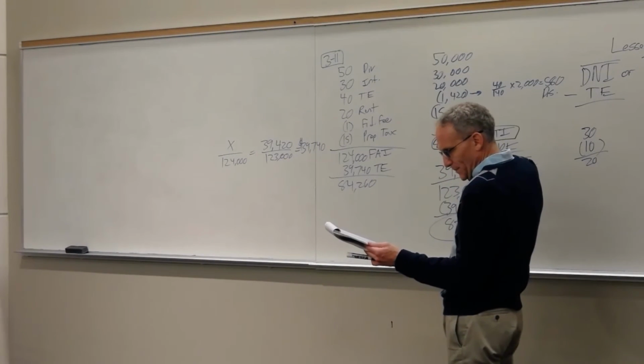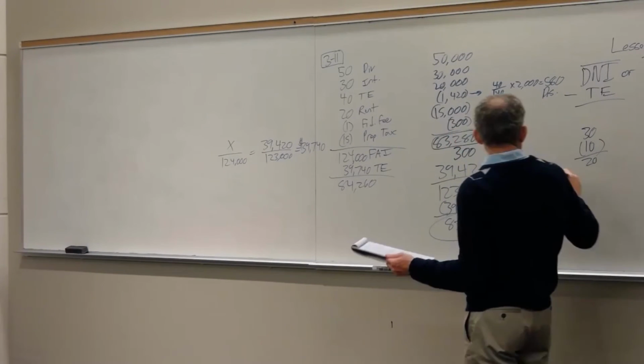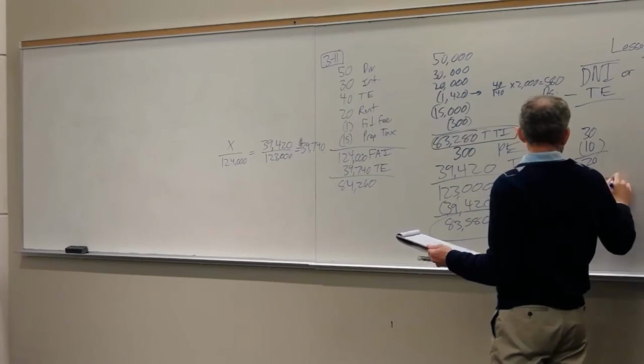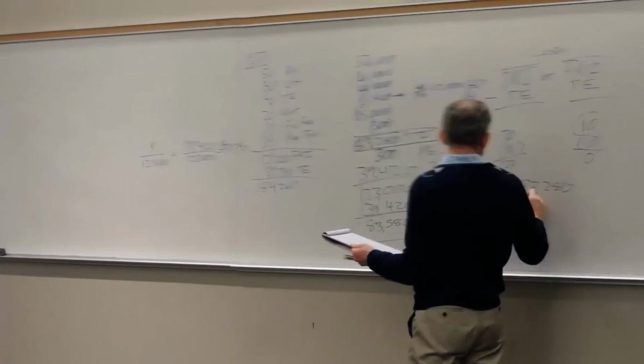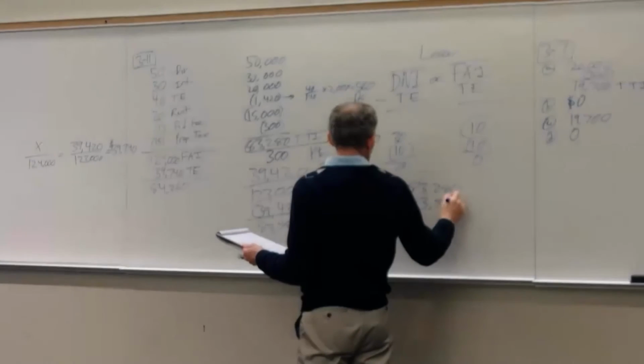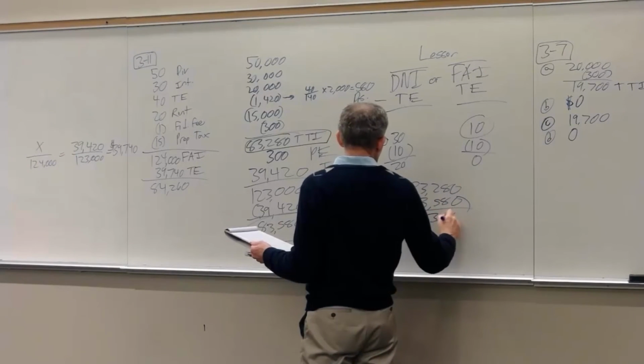Our tentative taxable income is 83,280 minus 83,580. Guess what it's going to be, guys? Negative 300.